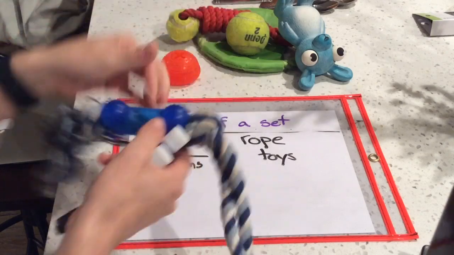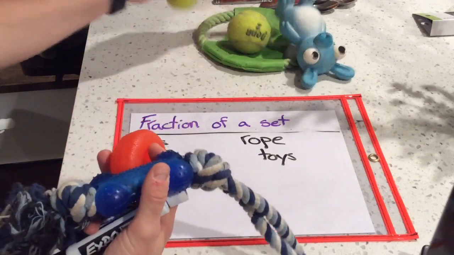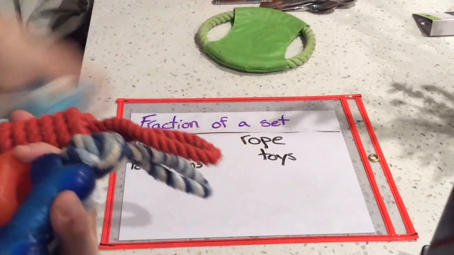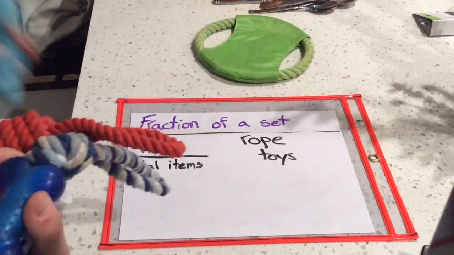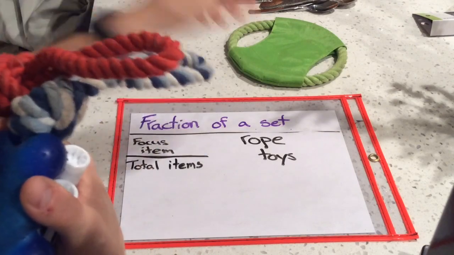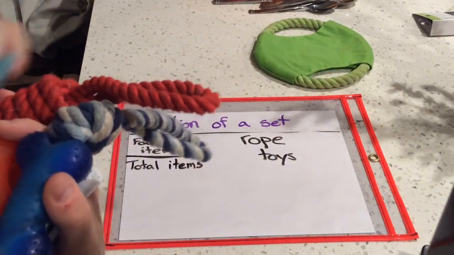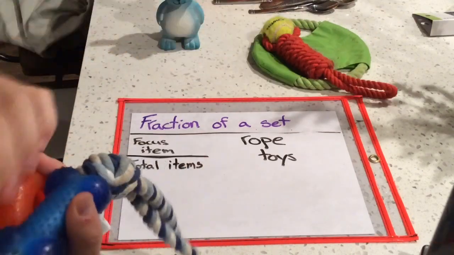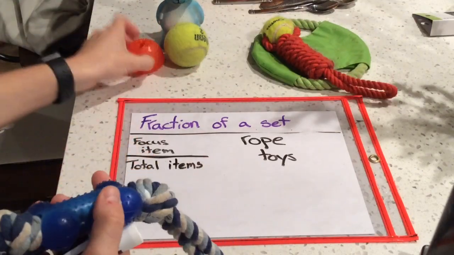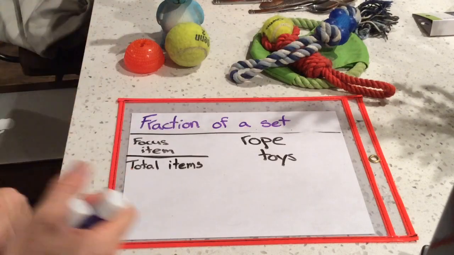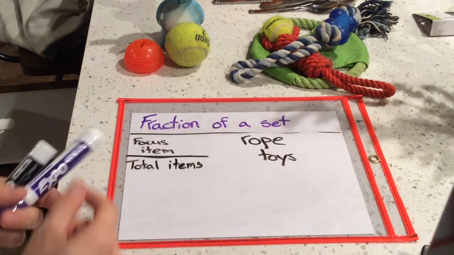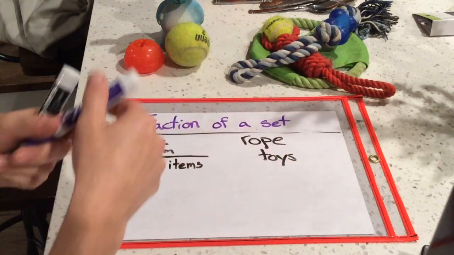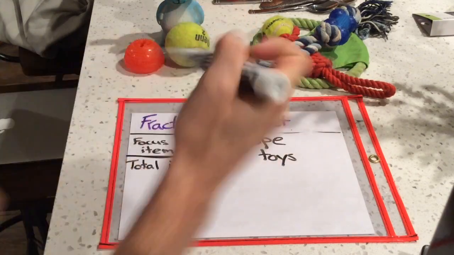I have 1, 2, 3, 4, 5, 6 items. And I can separate them into rope toys and non-rope toys. So here's a rope toy, non-rope toy. Rope toy, not a rope toy, not a rope toy, rope toy. So I can see that I have 1, 2, 3, 4, 5, 6 total toys.